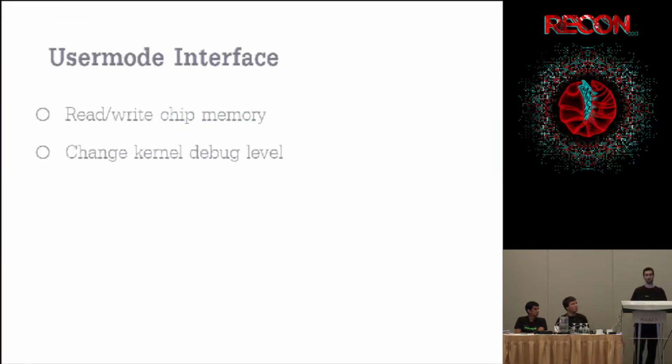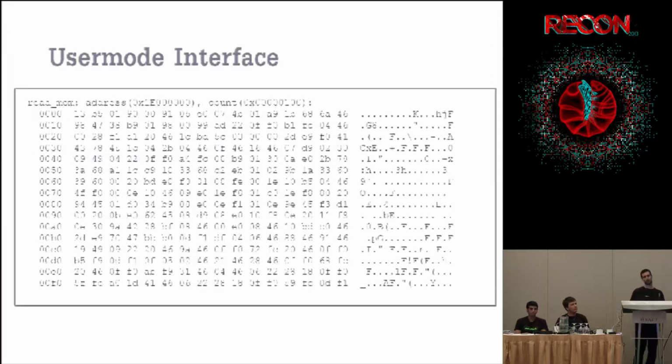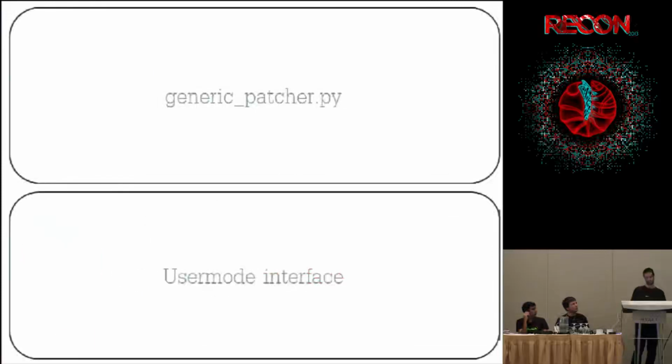We're not so good at programming. So we decided to expose the kernel function that we use to read and write the chip memory. This is an example of output that we got from user mode after exposing the dhdsdio membytes function.